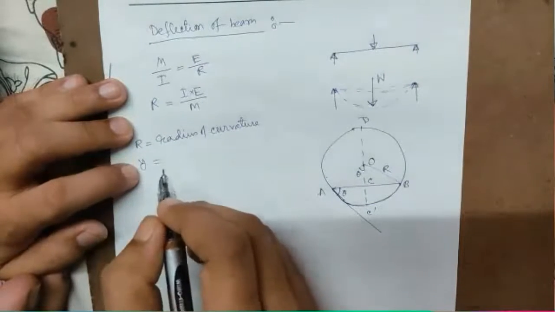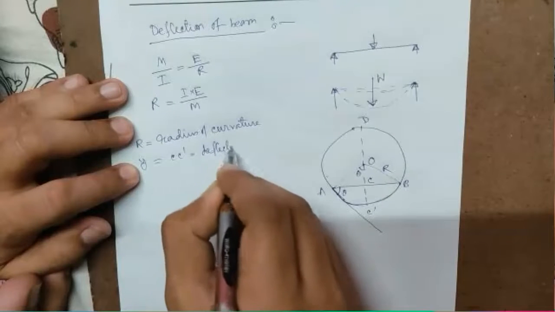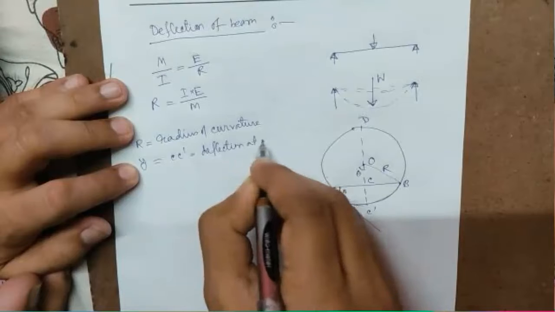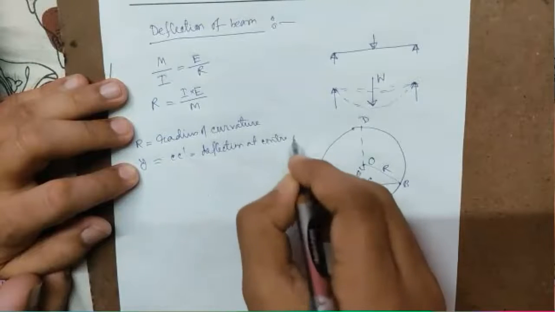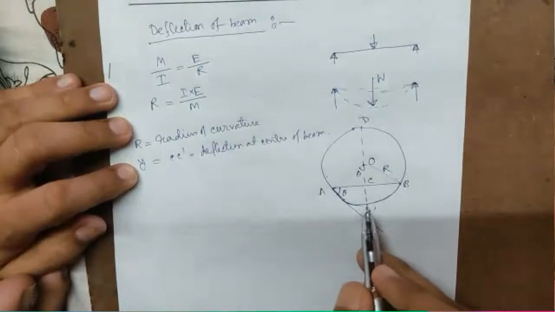Y is CC dash, or the deflection at the center of the beam. Here CC dash is Y.